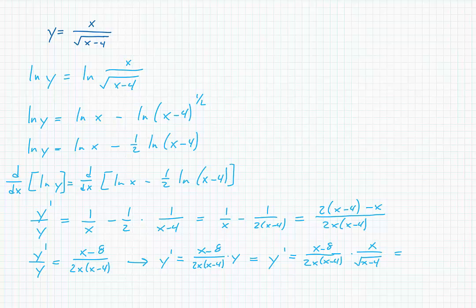That will end up giving us x times x minus 8. And actually at that point these x's will cancel, so we're going to end up with just x minus 8 in the top. So let's do that. Divided by 2 times x minus 4 to the 3/2 power. And that works out fairly nicely.